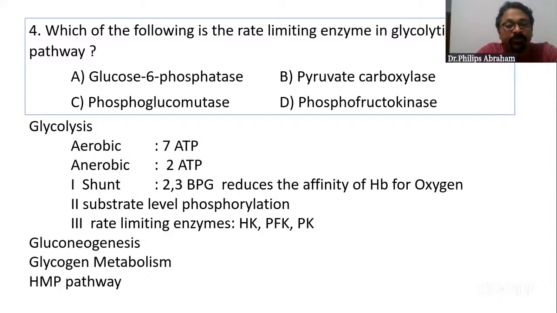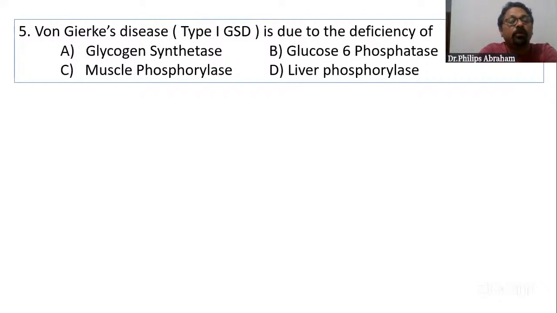Okay, going for the fifth question. Von Gierke's disease, or type 1 glycogen storage disease, is due to the deficiency of... This is about glycogen storage disease, glycogen metabolism. Glycogen usually breaks down and we get glucose.